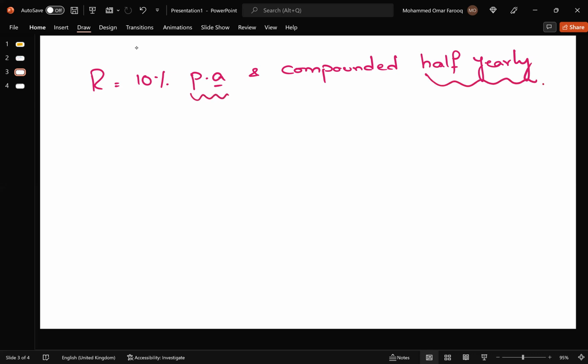If this is compounded half yearly, let us make the rate of interest 5% per half year. Did you understand? Per half year. This way we can use the same formula without changing the formula.